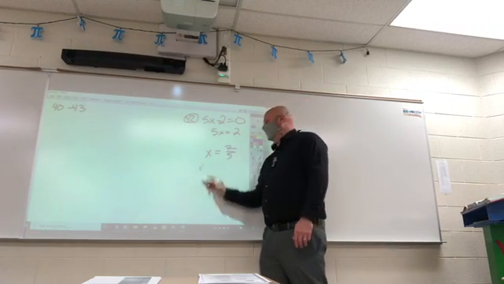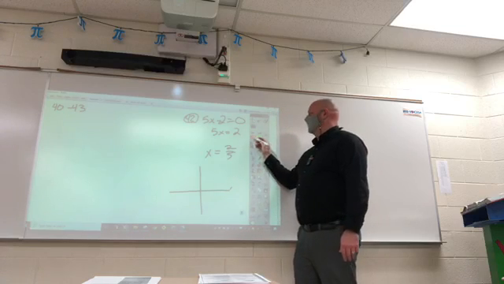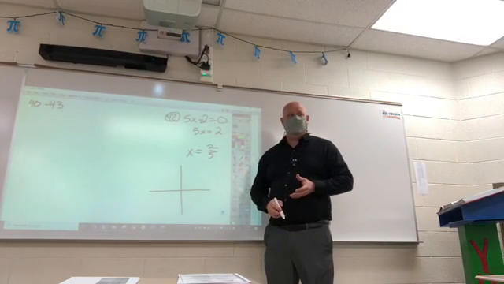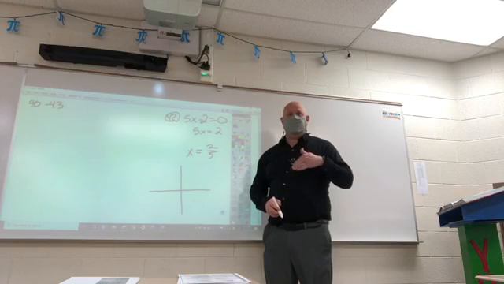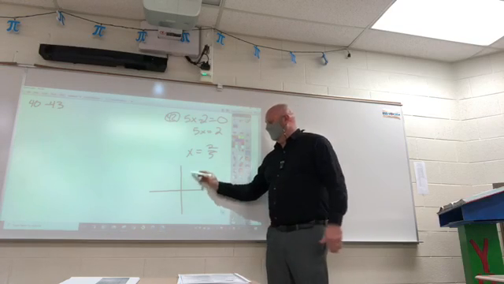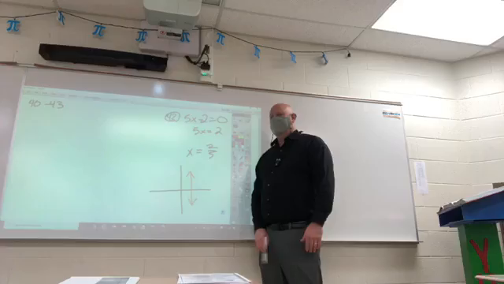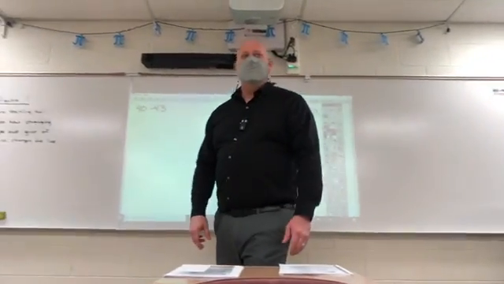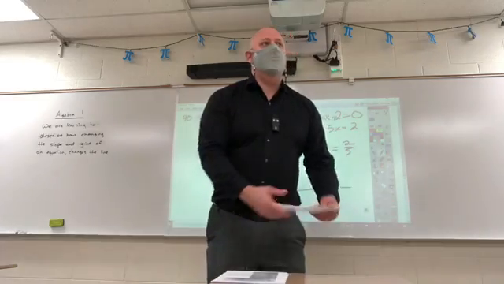What do all equations that go x equals something look like? Is it a horizontal or a vertical line? That's a vertical line. What's the slope of all vertical lines? No slope, it's undefined. What's the y-intercept?